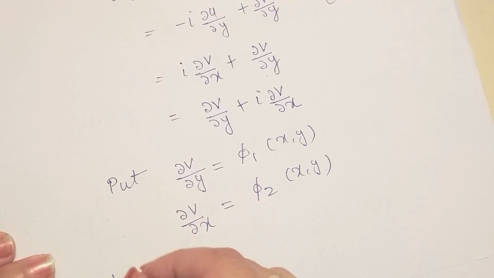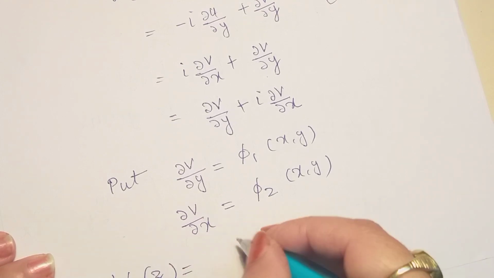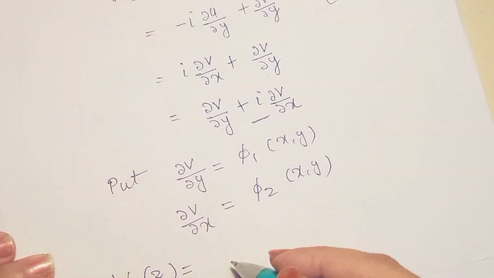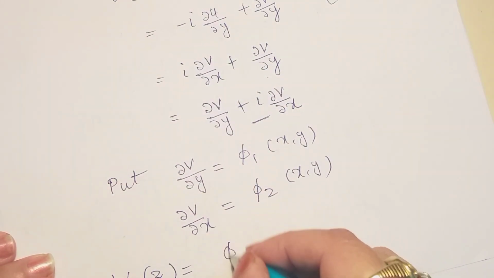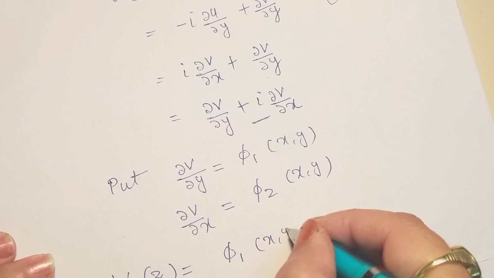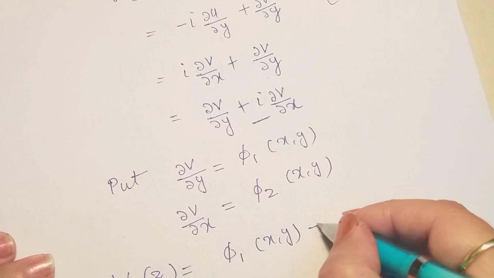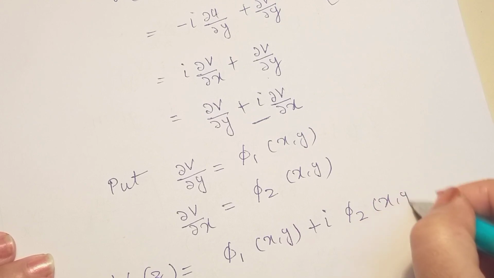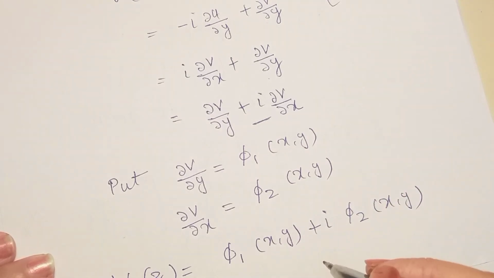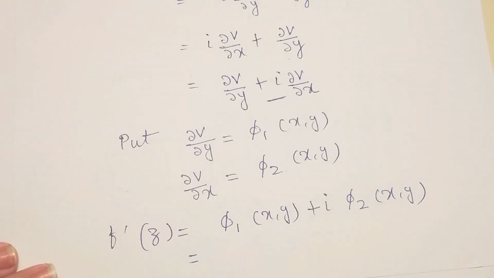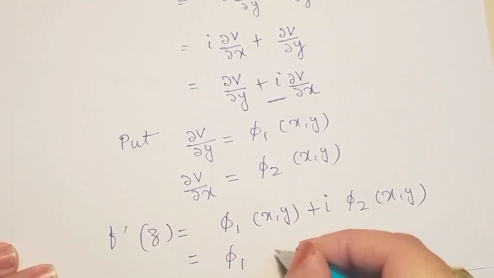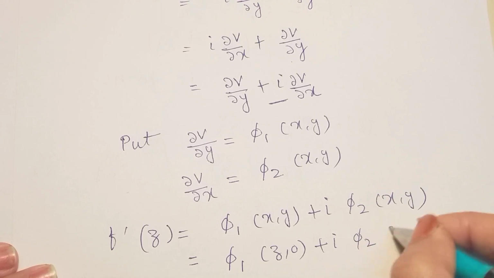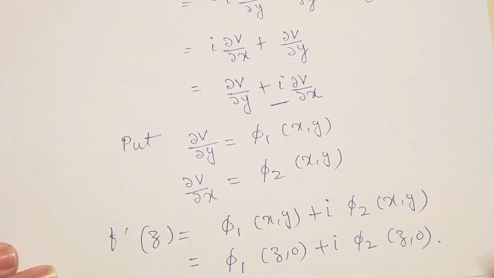So our function f dash z is equal to, putting the value here, we'll get phi 1 xy plus iota phi 2 xy, and at the point z is equal to z0, it will become phi 1 z0 plus iota phi 2 z0.